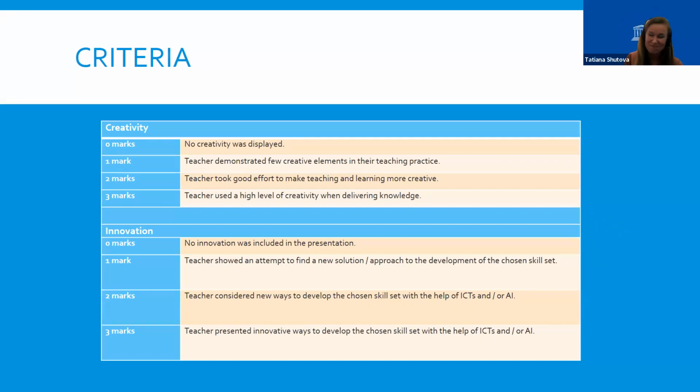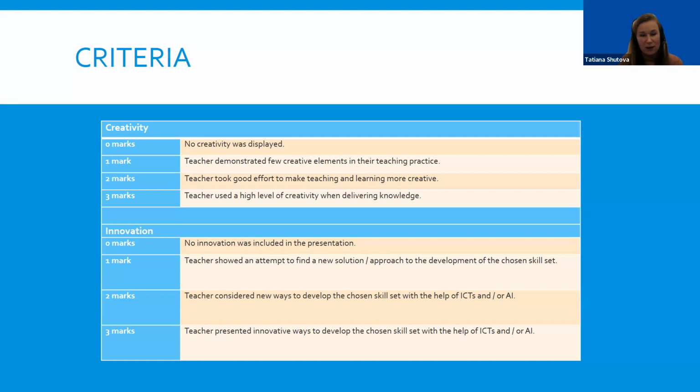So creativity, I suppose you can read what exactly indicates each mark, but creativity is supposed, of course, to be demonstrated when teaching, when delivering knowledge, when providing tasks to the students, and so on.